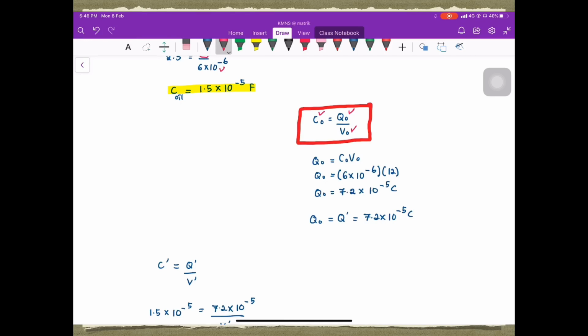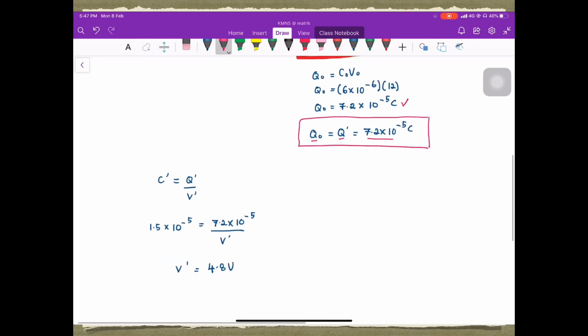So we get the charge in vacuum. Then back to the main concept during disconnection: Q naught, the initial charge in vacuum, equals the charge in dielectric.